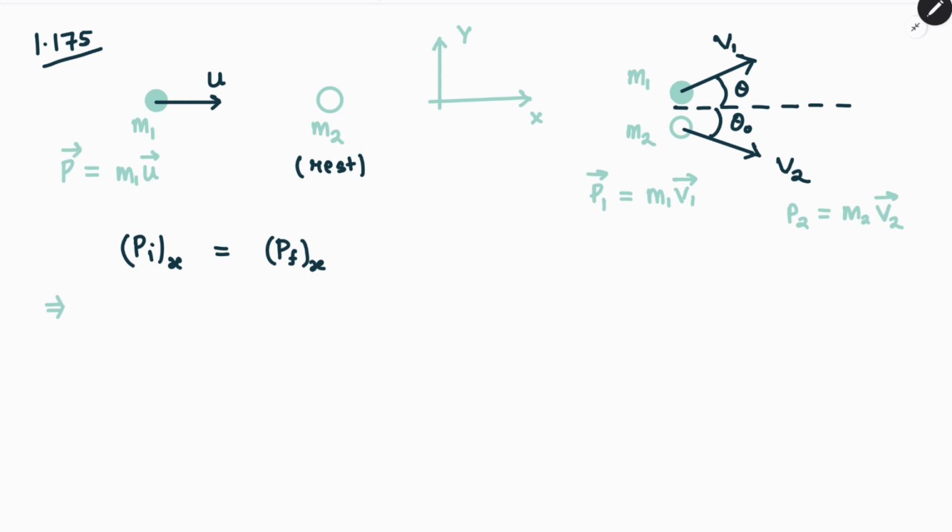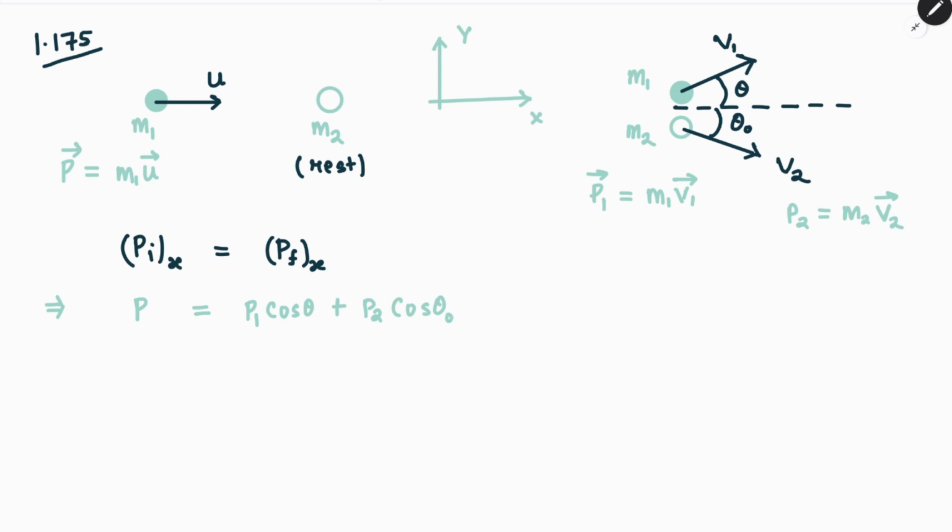So if we consider along the x-axis, the velocity u is along the x-axis, and hence the expression that we have is p, that is m1 into u, and this is equal to, if we write in the x direction, we can break the component p1 along the x-axis, so it will become p1 cos theta, and this one will become p2 cos theta naught. So we will get something like this.